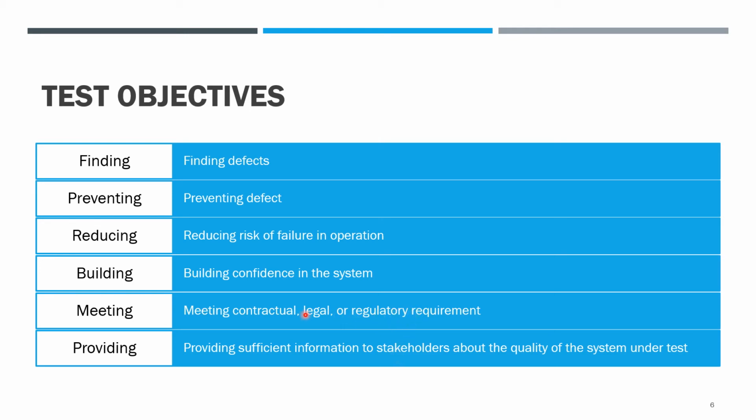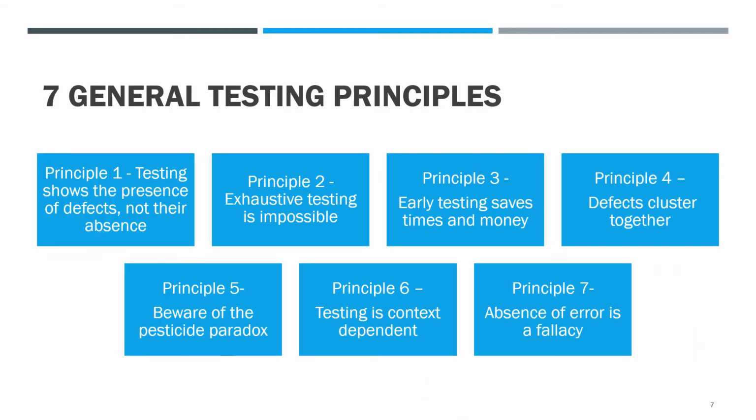Normally they will state it clearly in the contract, so you need to perform it. At the same time, testing provides sufficient information to the stakeholders about the quality of the system. They want to know how good the system is before they launch it.